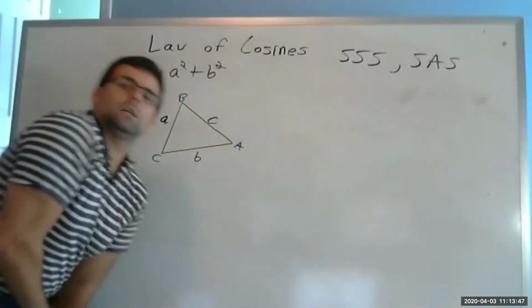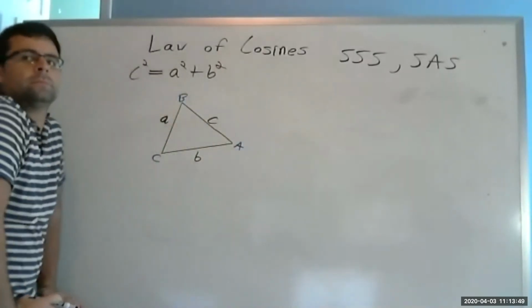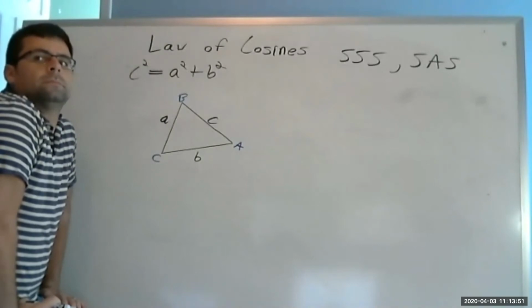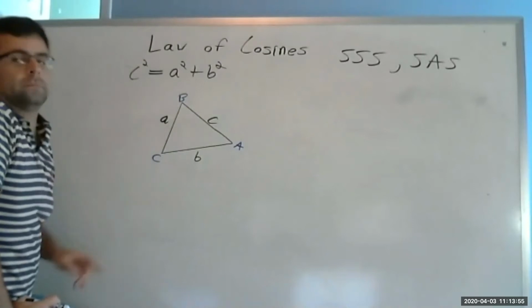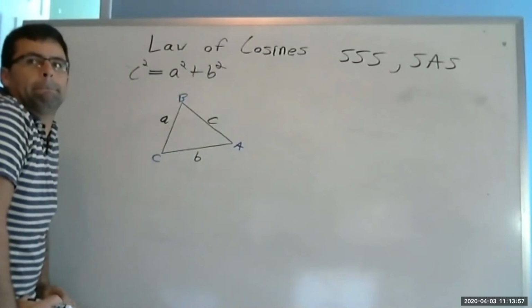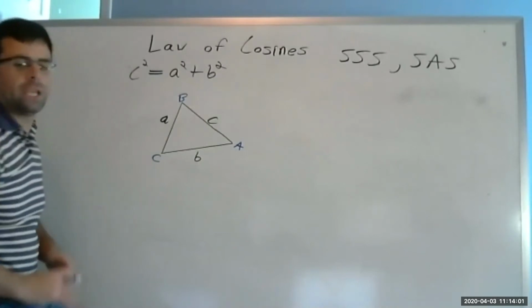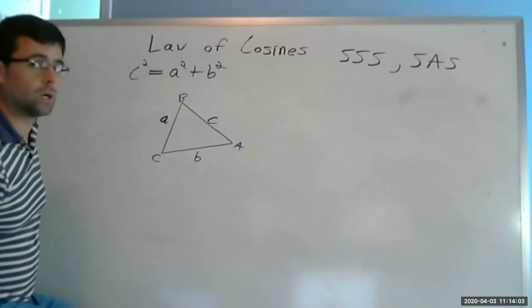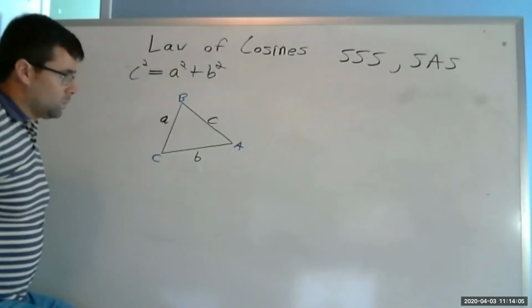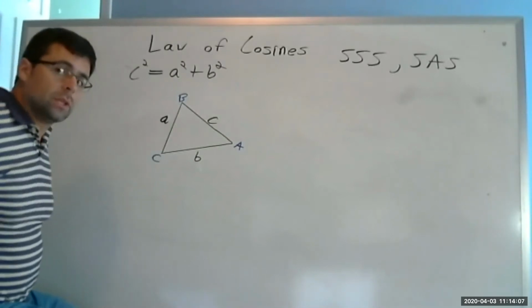What is that? The Pythagorean theorem. The Pythagorean theorem only works for right angle triangles.